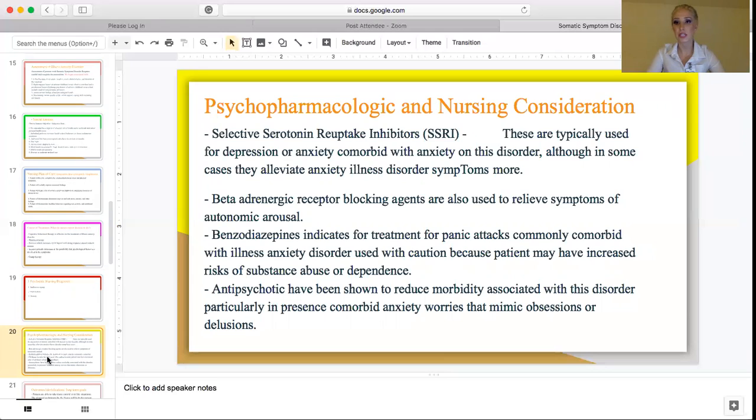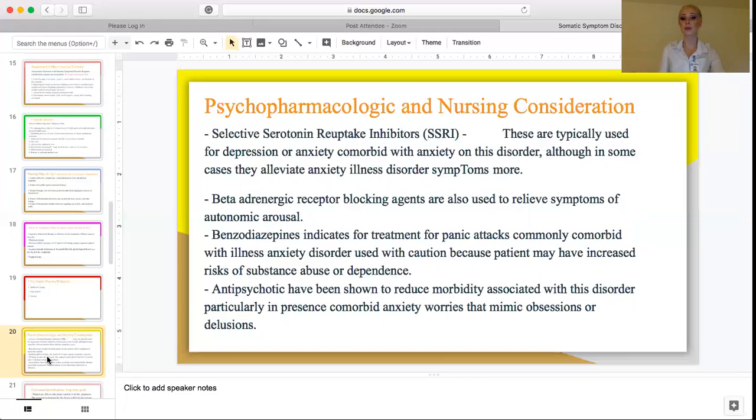Psychopharmacologic and nursing considerations. Selective serotonin reuptake inhibitors. These are typically used for depression or anxiety comorbid with this disorder, although in some cases they alleviate illness anxiety disorder symptoms more. Beta-adrenergic receptor blocking agents are also used to relieve symptoms of autonomic arousal.